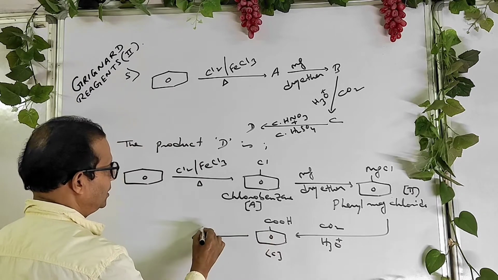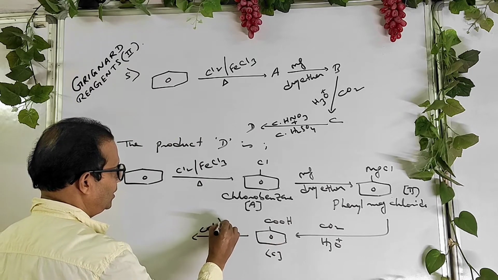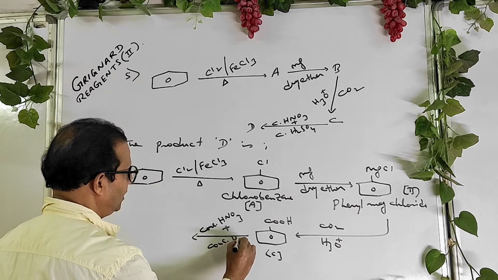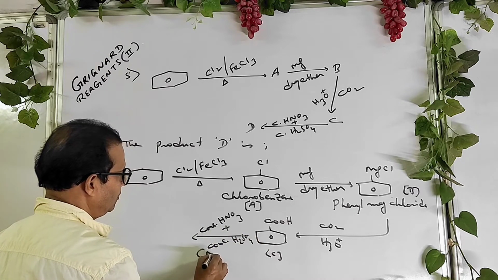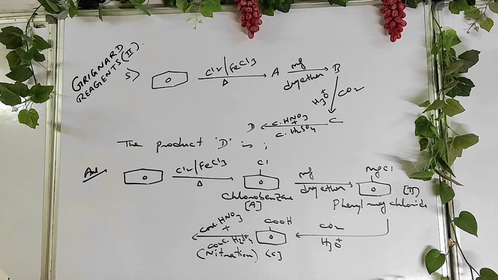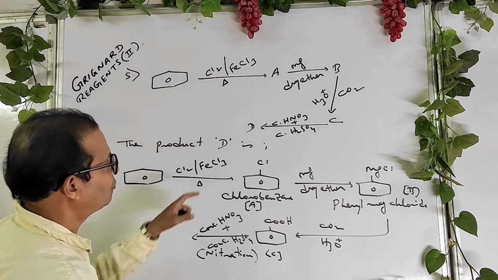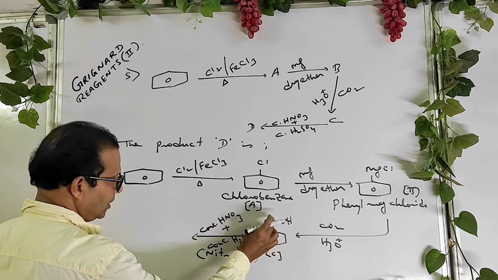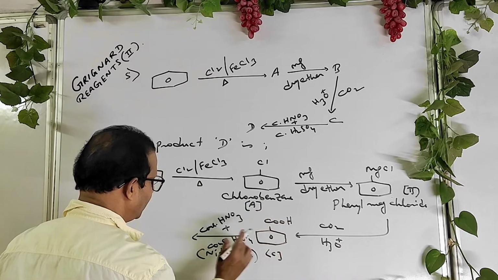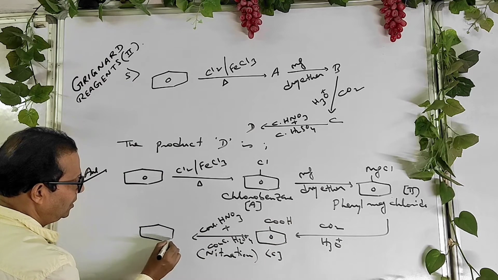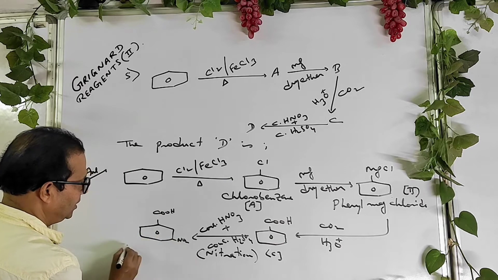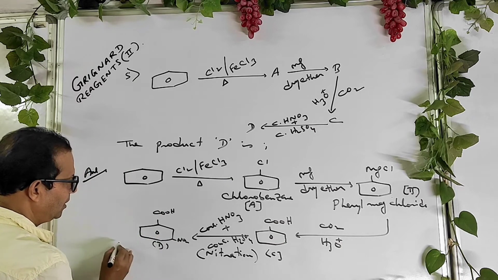When benzoic acid reacts with a mixture of concentrated nitric acid and concentrated sulfuric acid, you know that the reaction is called nitration, and during nitration, nitro group is introduced. The carboxylic acid group attached to benzene is meta-directing in nature. That's why you get meta-nitrobenzoic acid. So it is D.